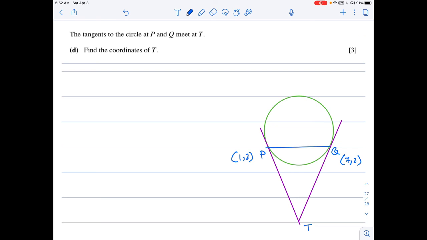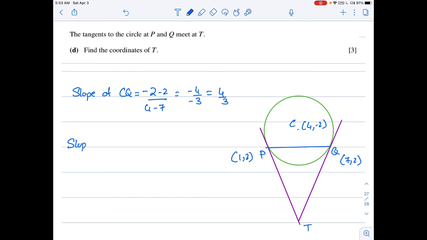Now the center is 4 comma minus 2. The center of the circle is 4 comma minus 2. So I am going to find the slope of CQ. Slope of CQ is y2 minus y1 by x2 minus x1. So it becomes minus 4 upon minus 3, which is 4 upon 3.